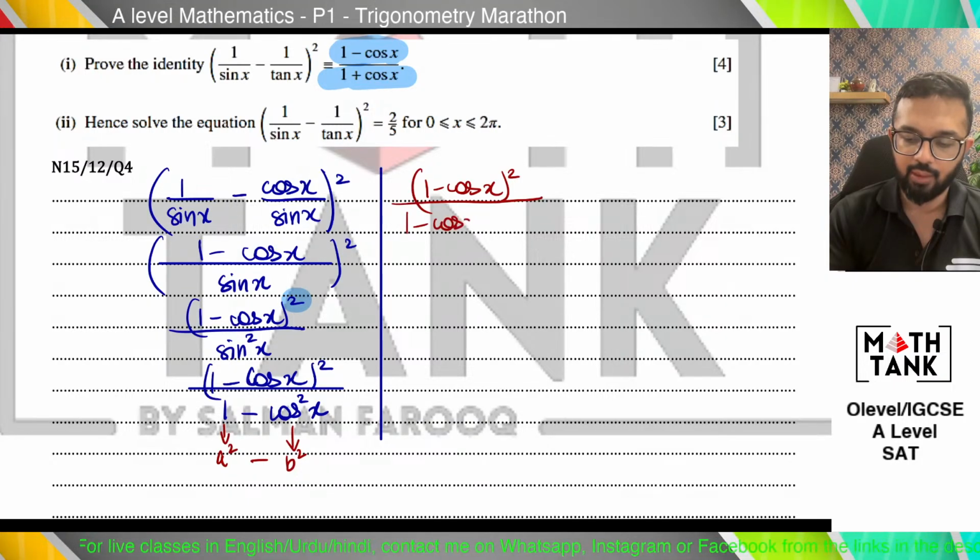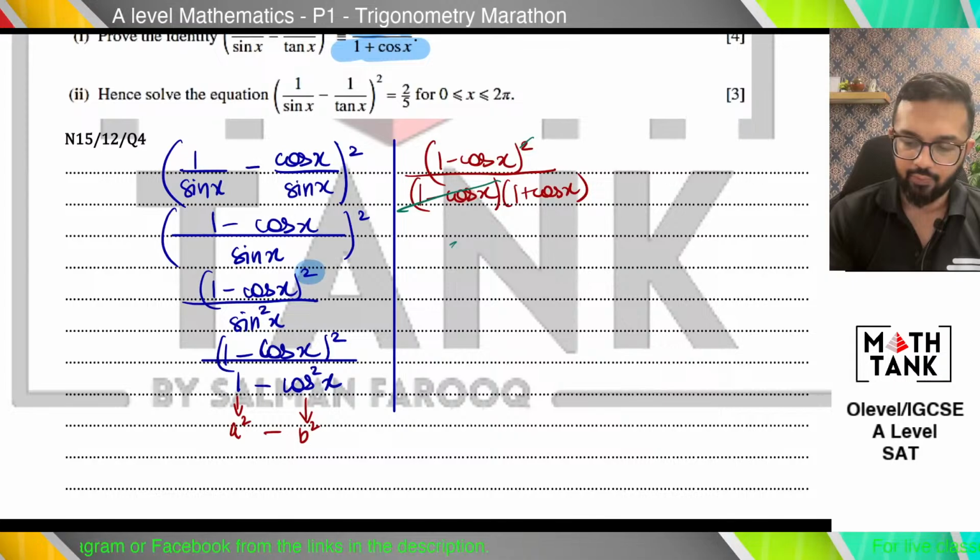So this becomes 1 minus cos x and 1 plus cos x. So 1 minus cos x cancels out. I have then 1 minus cos x over 1 plus cos x.